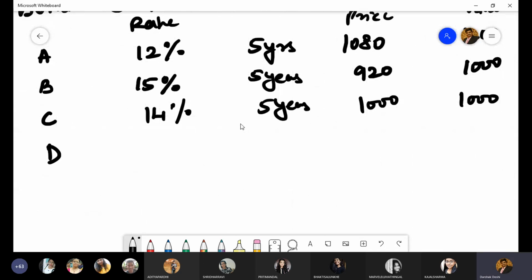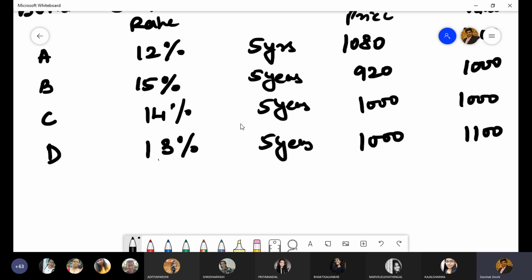Bond D, 13%, 5 years, 1000, and maturity value will be 1100.